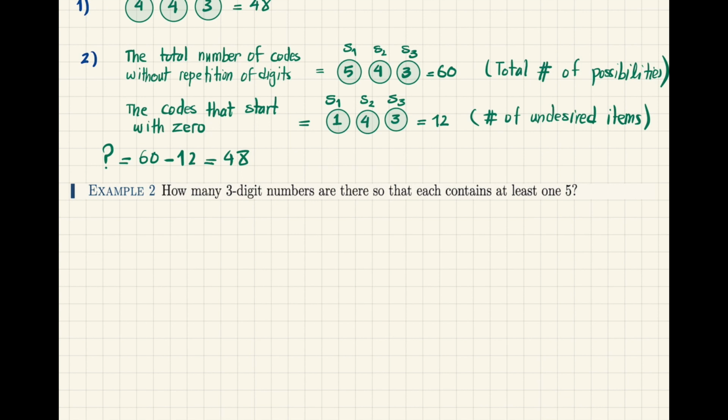Because first of all, this is not possible, as I understand, using exactly one product rule. It means that I need to consider different scenarios, because when you say there is at least 1 5, it means that this 5 can be the left digit, the middle digit, or the right-hand digit. It might have 2 5s, it might have 3 5s. We need to consider all these scenarios.